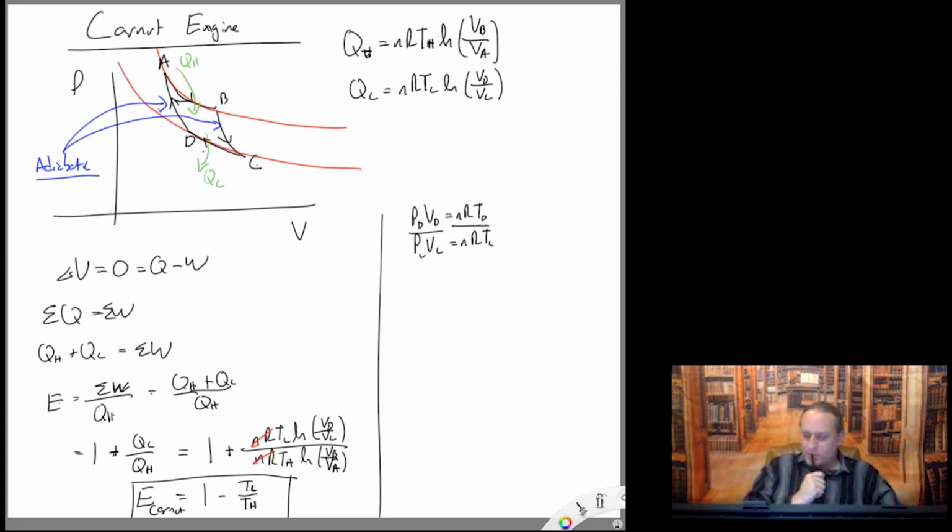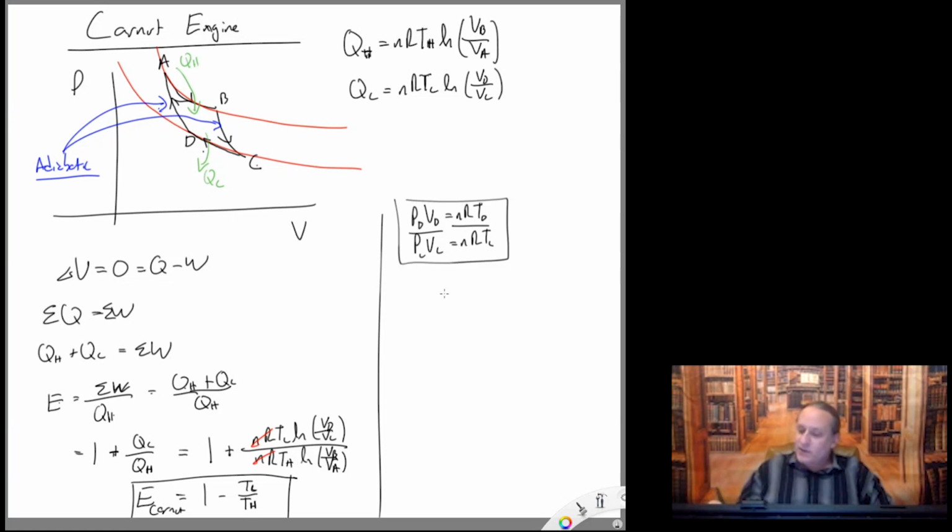Well, maybe that's not what I want to do. Yeah, so what I want to do is show how the VD over VC ratio is related to the VB over VA ratio.